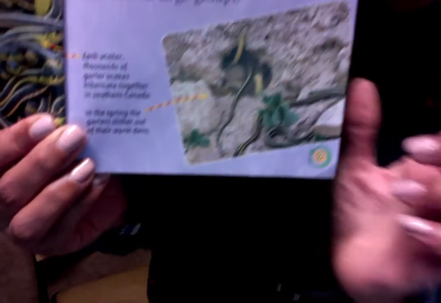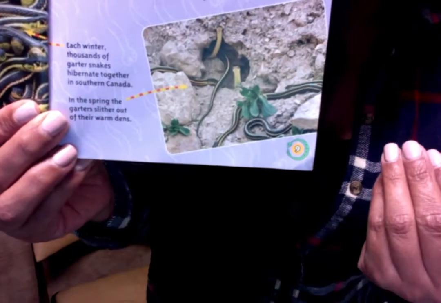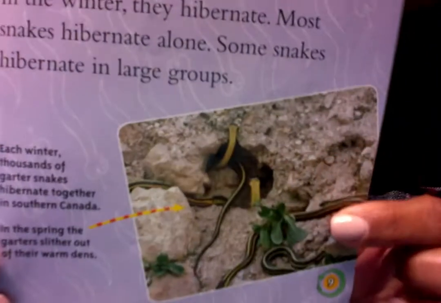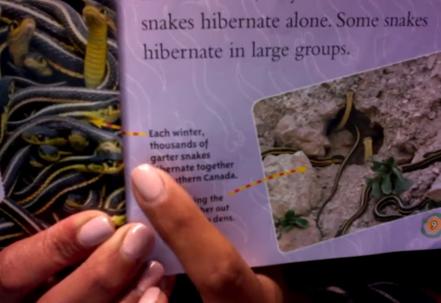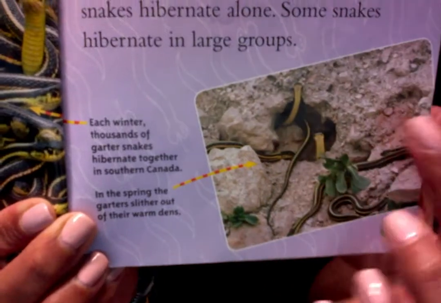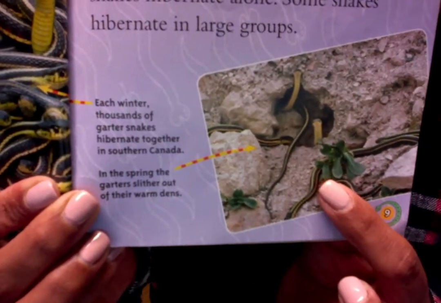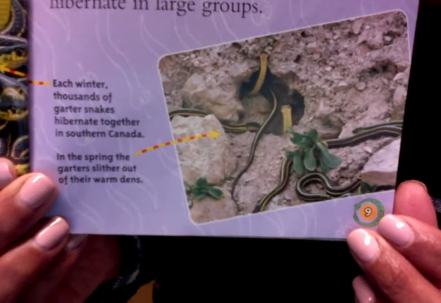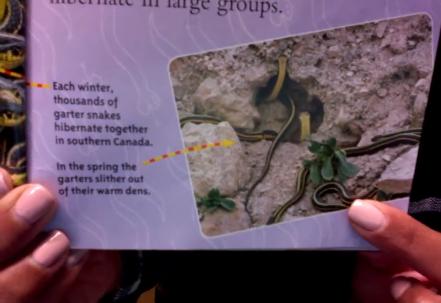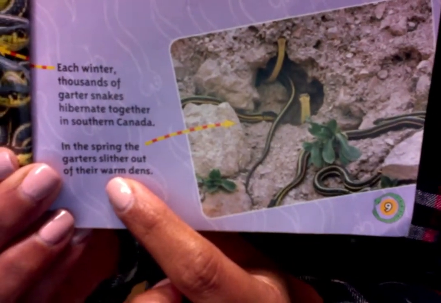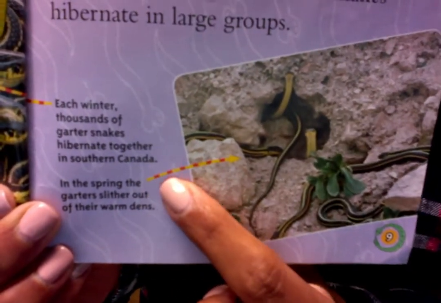So they come out in the springtime. Only in the springtime, right? Because in the winter we know that they hibernate. But in the springtime, in this picture, they're coming out because it's warmer and snakes need warm, right? They need to be warm. So that's how I know that this piece of information goes to this picture because there's an arrow and it's pointing right here.